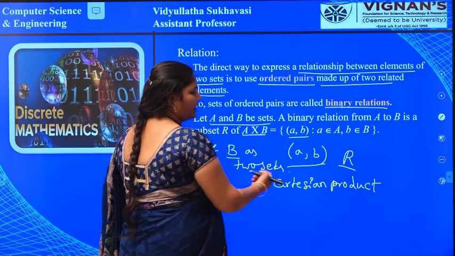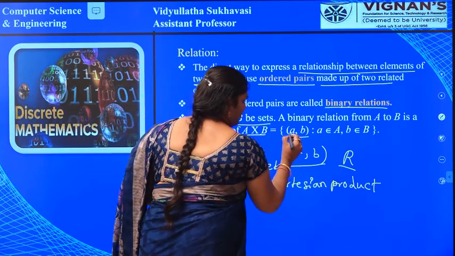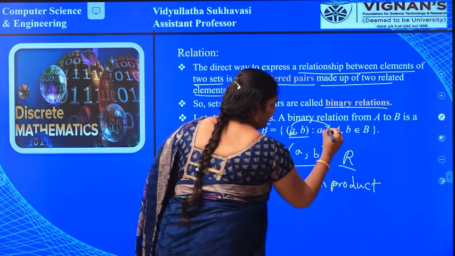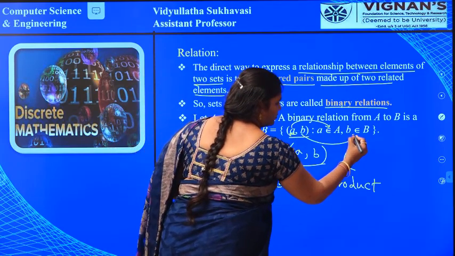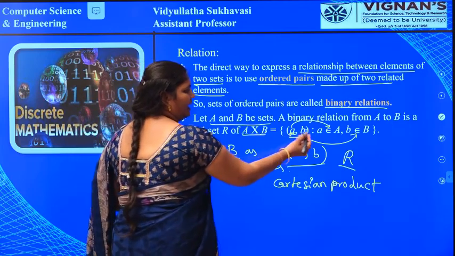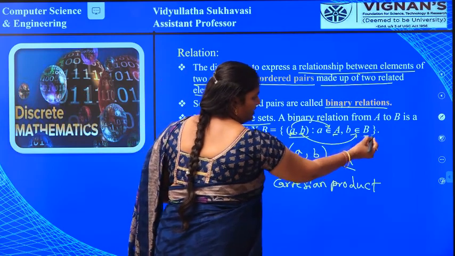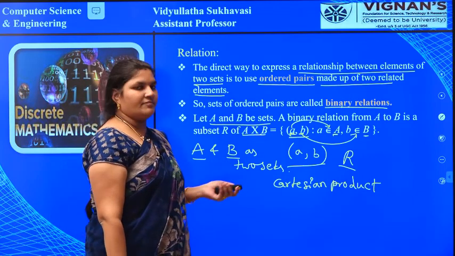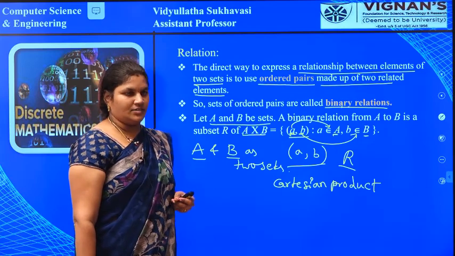The first element of the ordered pair belongs to set A, and the second element of the ordered pair comes from the second set B. With the help of this, we first represent the Cartesian product of a relation.